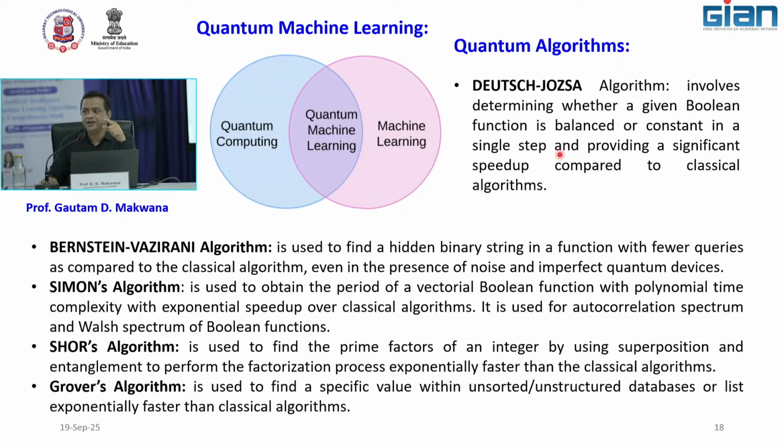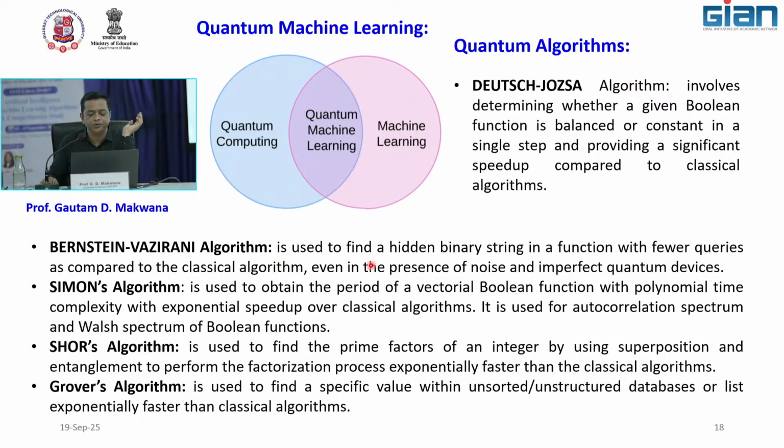In classical computing it will take more steps, but the same thing can be done in a single step. That will increase the high computing capability of the processing because of the quantum mechanism, providing a significant speed up compared to the classical algorithm.